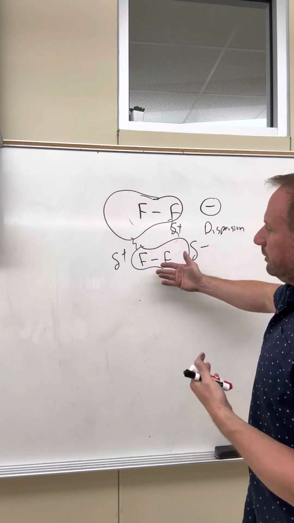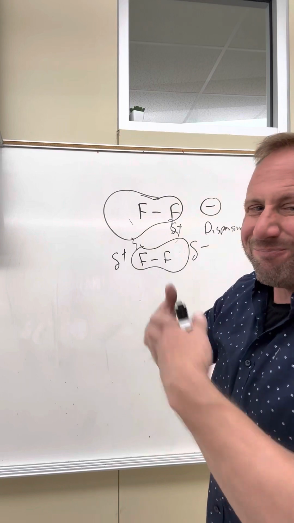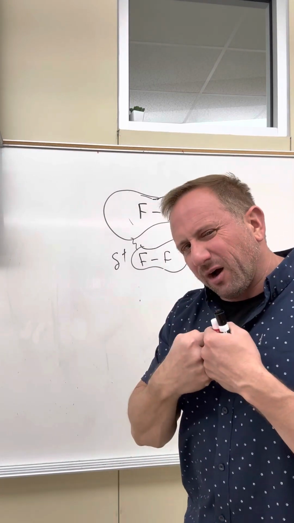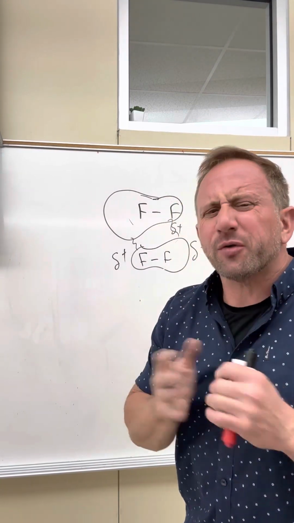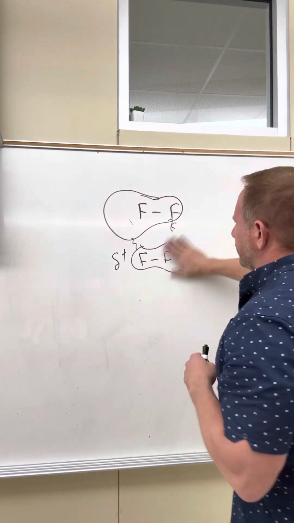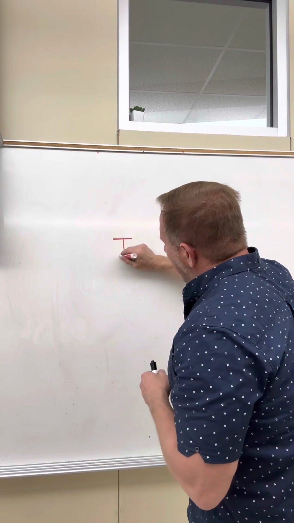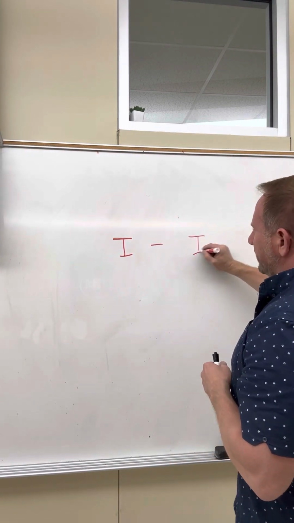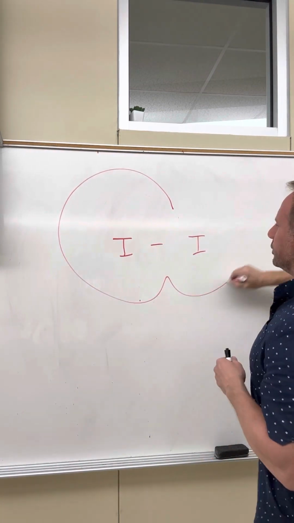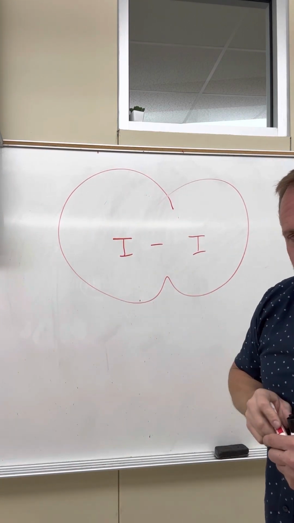Well, fluorine in a big group doesn't really form very strong bonds. It's a small molecule, so it stays a gas. It's not very polarizable. But now you look at iodine, with its big, giant shells.